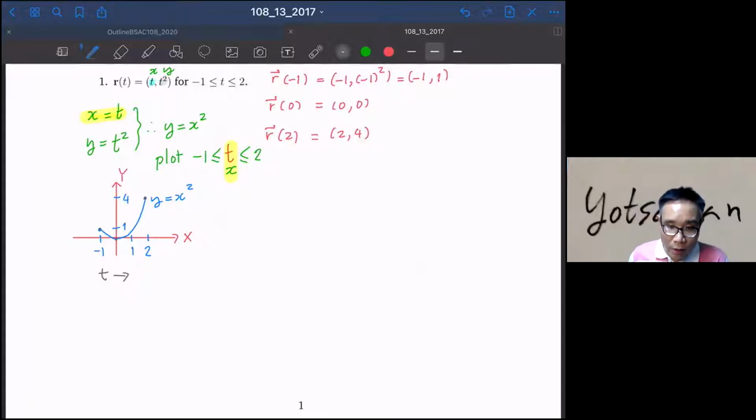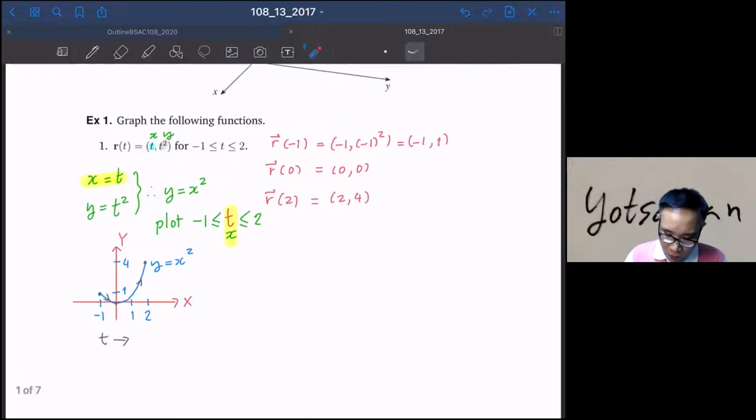So your curve will have a trace, and you use an arrow to indicate the direction of the movement of the point. This arrow is used to indicate the movement of the point according to the function r(t).